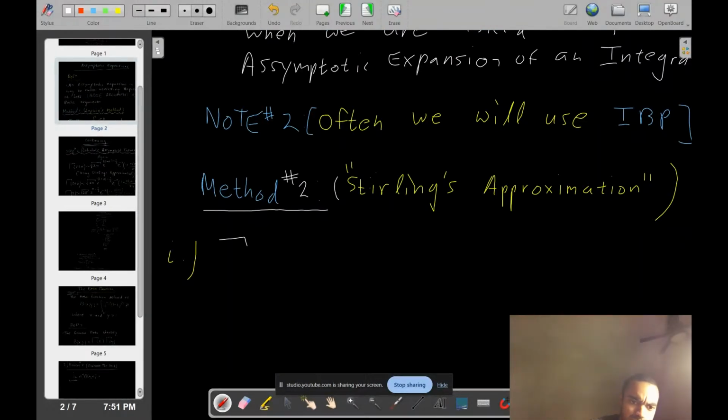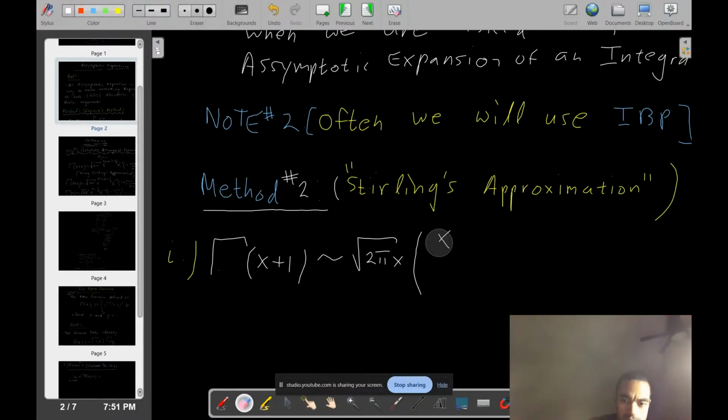We have the gamma function of x plus 1, which is asymptotic to root 2 pi x, times x over e to the power of x. This is called the basic form of the approximation.